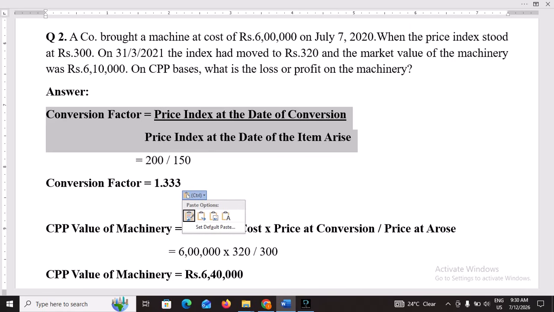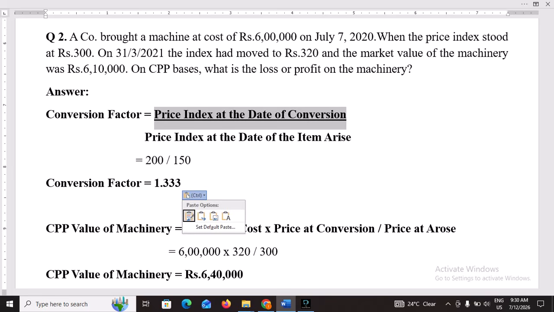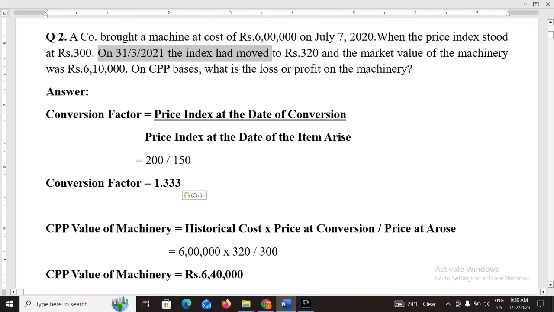Price index at the date of conversion means the closing price. On 31/3/2021, the index had moved to rupees 320. Closing index is 320.